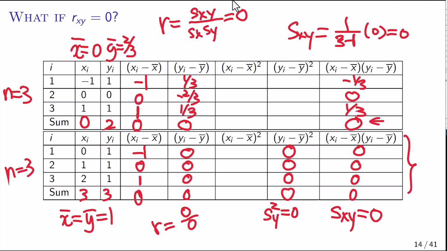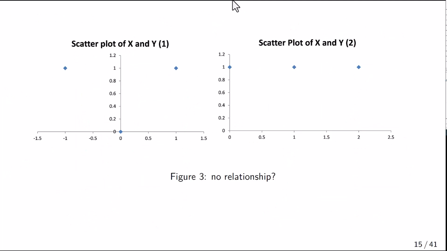The first one is 0 because we know both the numerator and the denominator there are not 0. Okay, please figure out after your class why this is not 0. I'm pretty sure you can do it right here. Okay, and if we plot these two tables, you can see for the first one, x is 0, y is 0, x is -1, y is 1, x is 1, y is 1, right? So we have 3 dots like this.